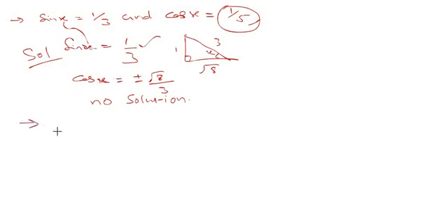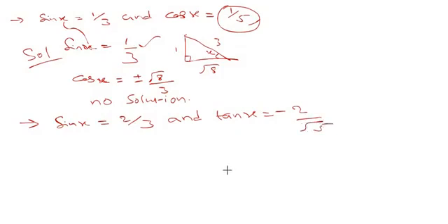Next problem: sin x equals 2 by 3 and tan x equals minus 2 divided by root 5. We need to identify the general solution.